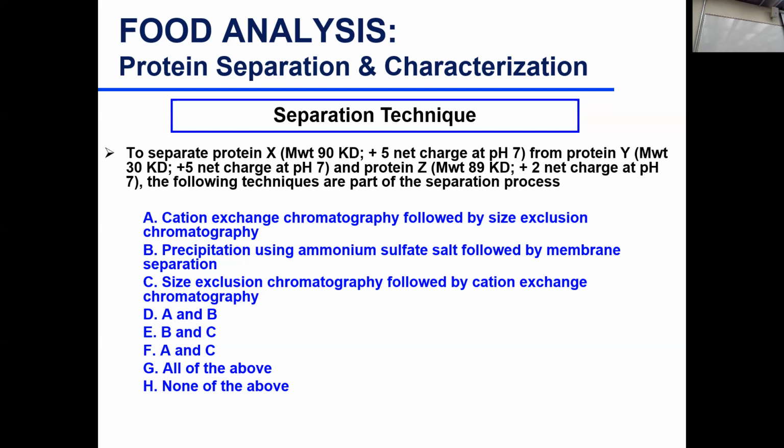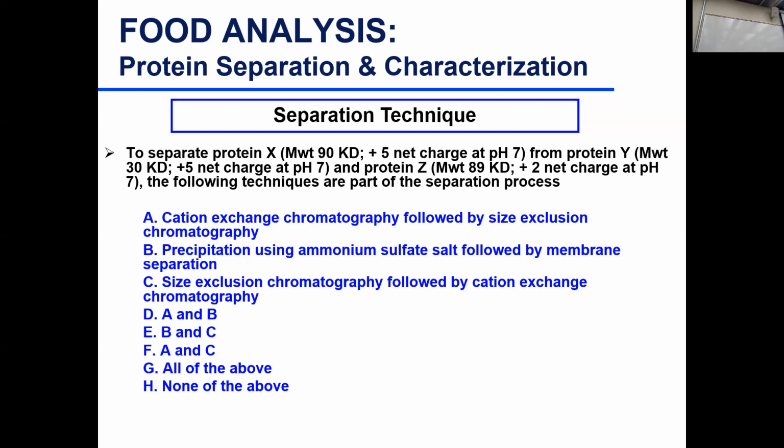So if you choose size exclusion first, then you are getting X and Z, and then you are getting protein Y separate. If you choose cation exchange first, you get X and Y together and Z separated because it's +2 net charge.